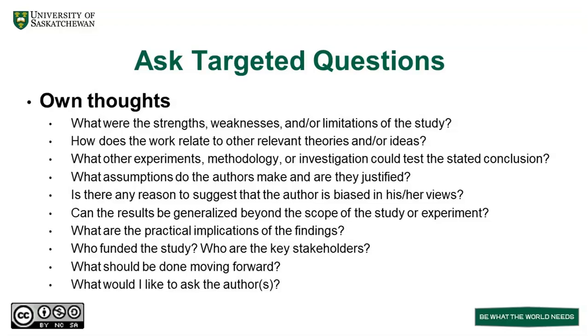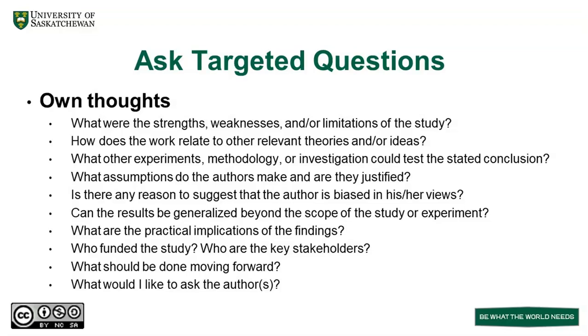Often you'll see in journal articles, there will be a statement of conflict, for instance, or a statement of funding. So if you are an agricultural student, for instance, and you see that Monsanto is funding a study, you might look at that particular study a little bit more critically because of the potential vested interest of the funders.